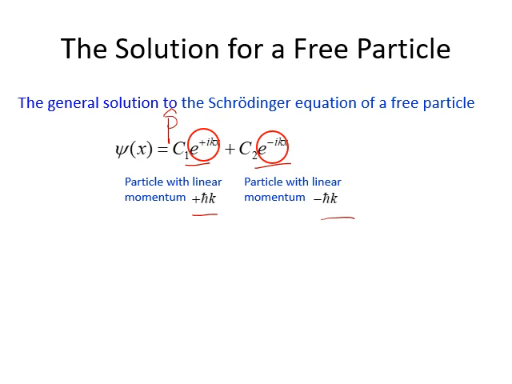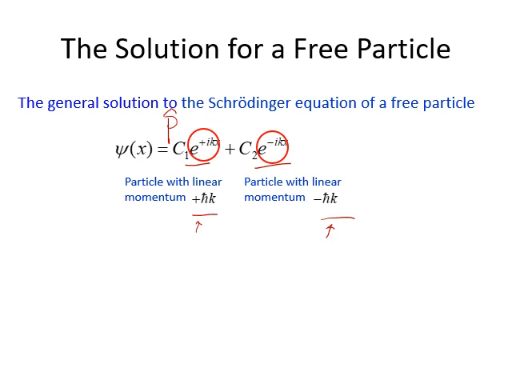So for this function the particle moves to the right, but for this one, to the left. Therefore, if you measure the momentum, sometimes you get negative, sometimes you get positive.